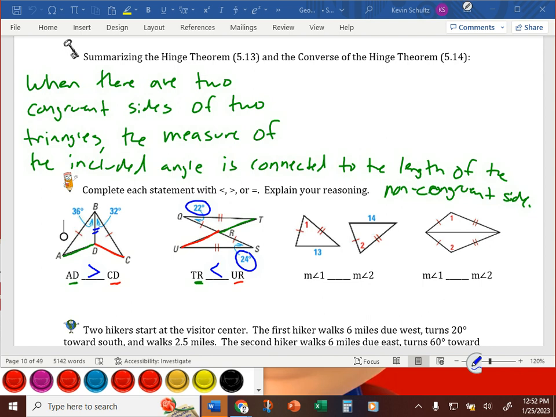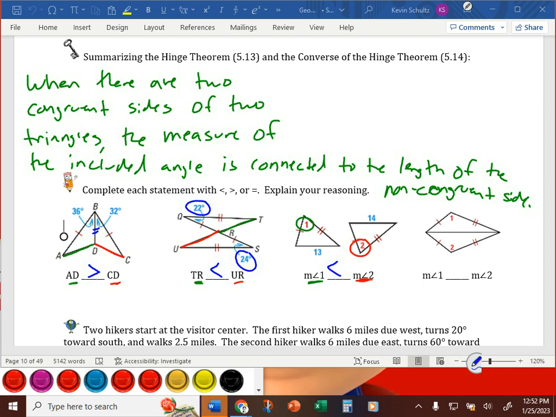So these two congruent sides are requirements, and we're looking to compare angle 1 with angle 2. What inequality goes in between angle 1 and angle 2? Kyle. Angle 1 is less than angle 2. Angle 1 is going to be less than angle 2 because the opposite side from angle 1, 13, is less than the opposite side from angle 2, 14.